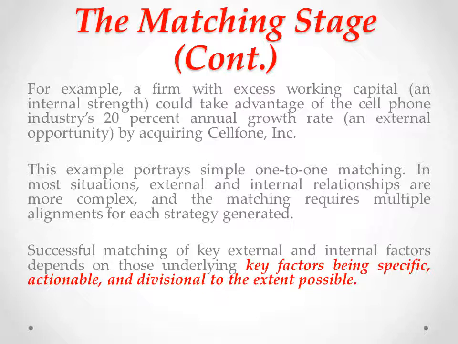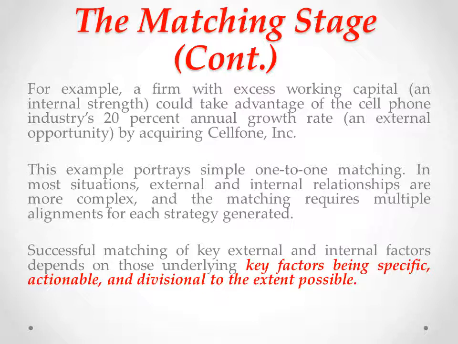For example, a firm with excess working capital, which represents an internal strength for your company, could take advantage of the cell phone industry's 20% annual growth rate, an external opportunity. So you should make a good matching between your internal strengths and external opportunities.